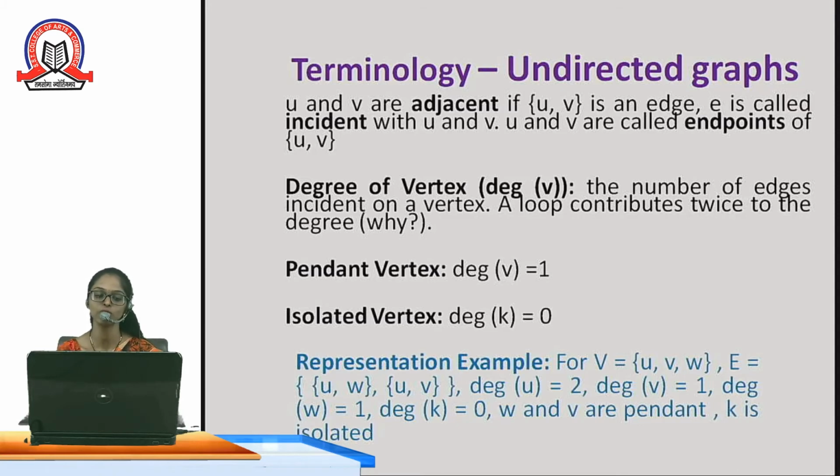Degree of k is 0 means no edge is mentioned. Then this type of vertex is called an isolated vertex. And the degrees of w and v are 1, so these types of vertices are called pendant vertices.